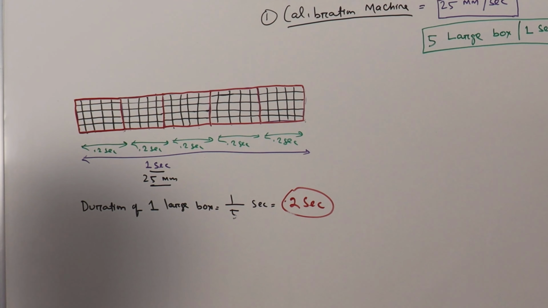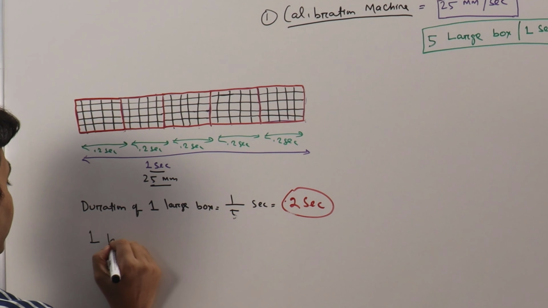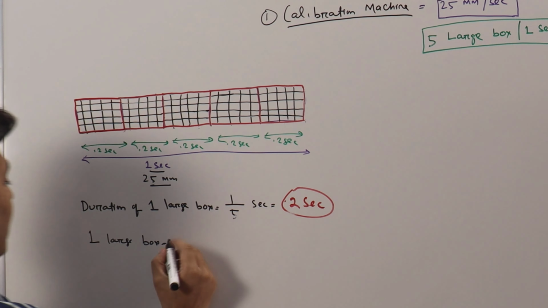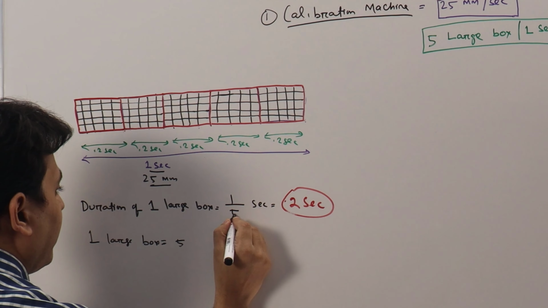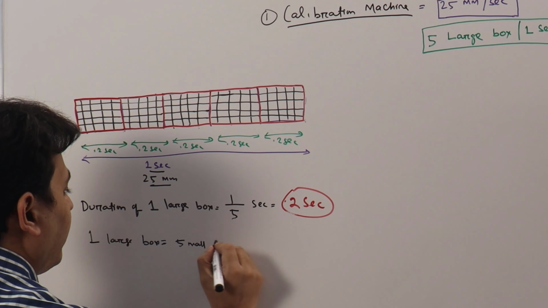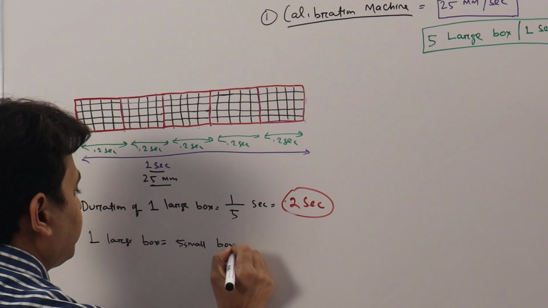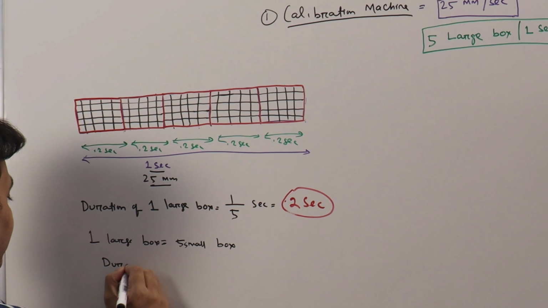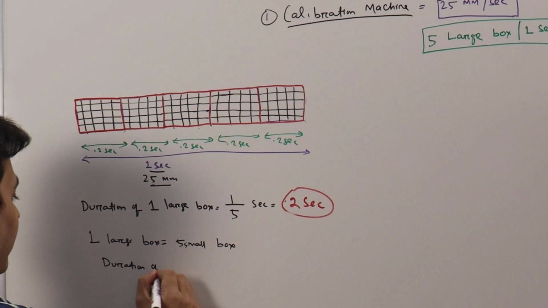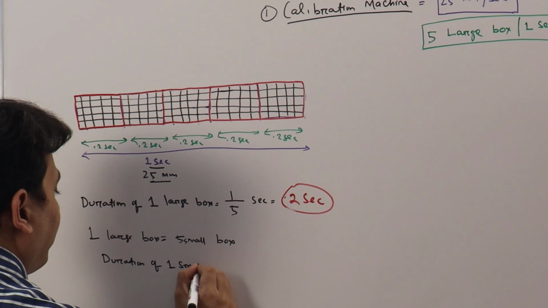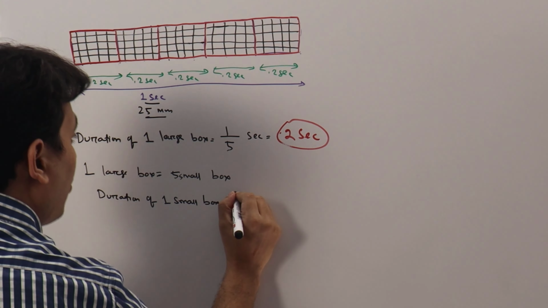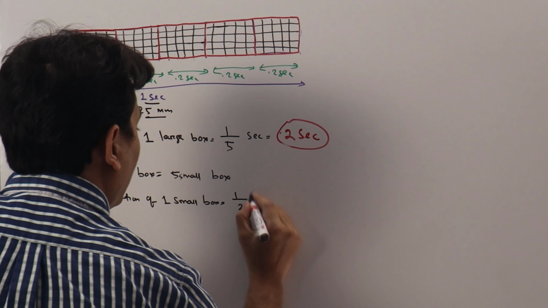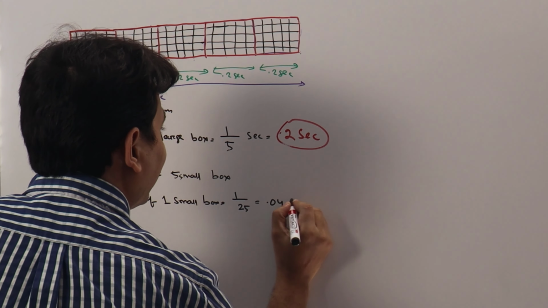Again, each large box is equal to 5 small boxes, as you can see from the figure. So what is the duration of 1 small box? That will be 0.2 by 5, which equals 0.04 second.